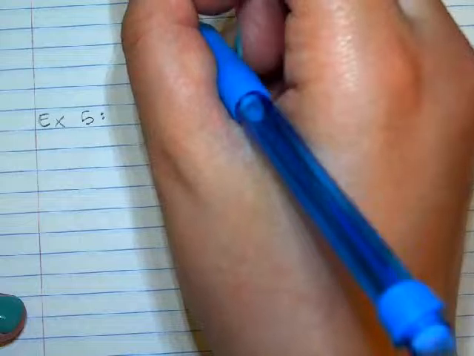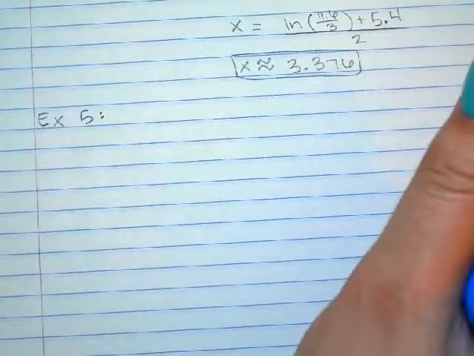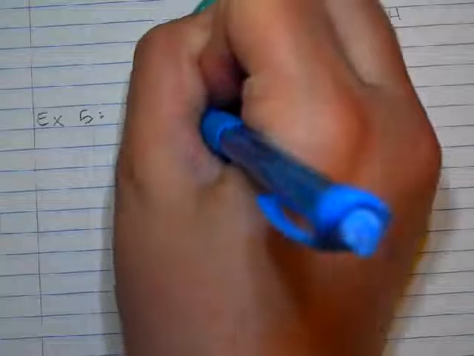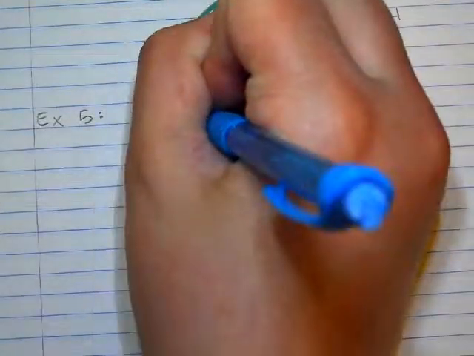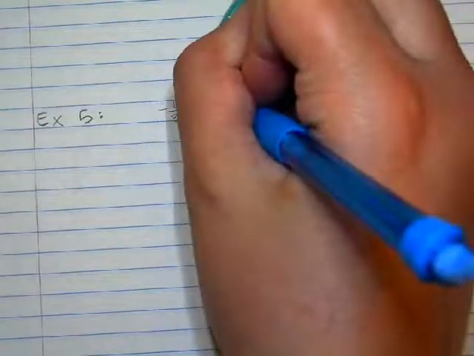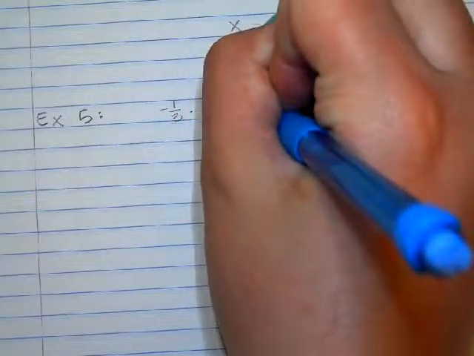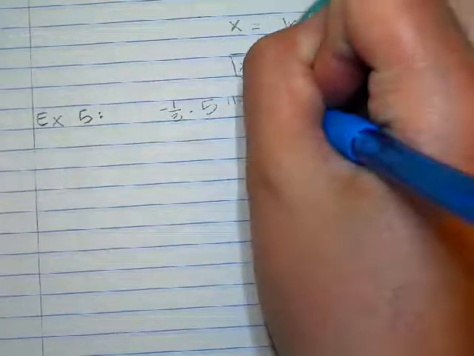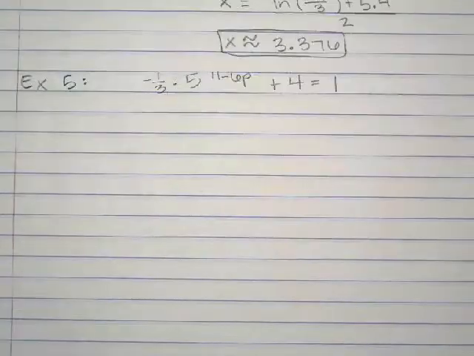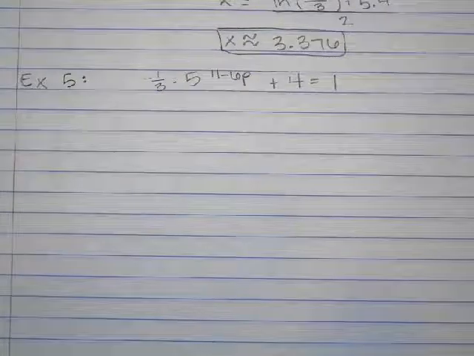All right. Okay, example 5. We're going to do -1/3 times 5 to the 11 minus 6p plus 4 equals 1. Lots of numbers.